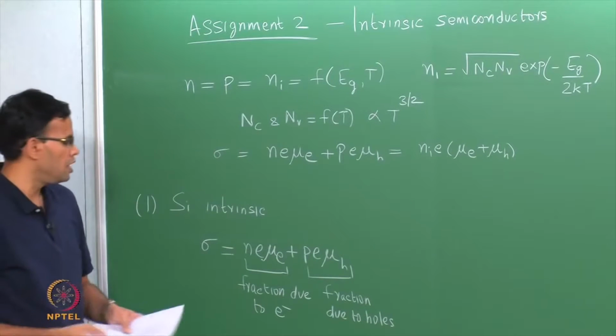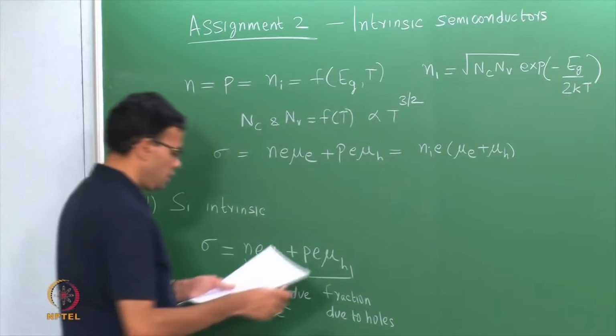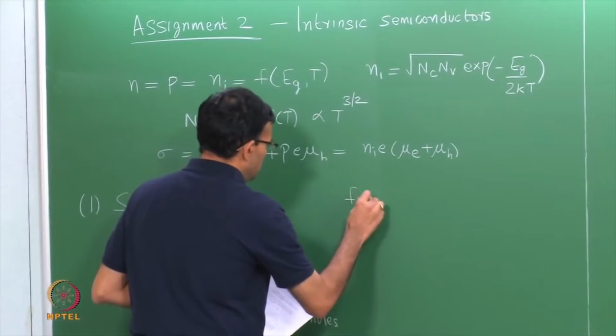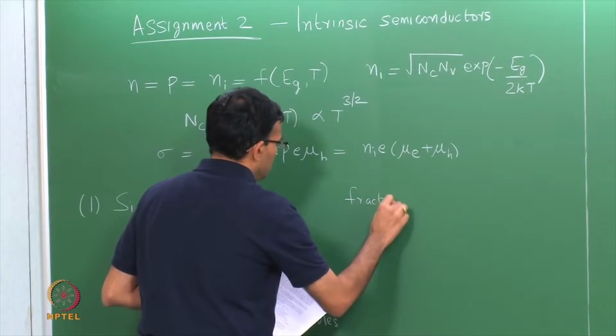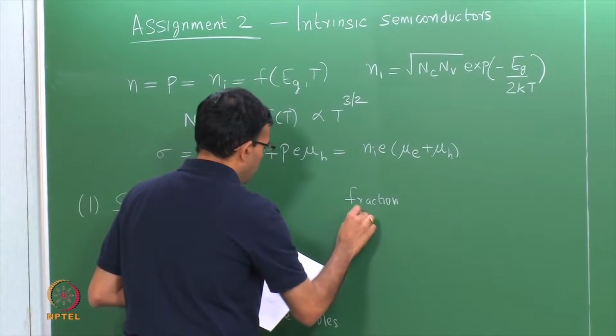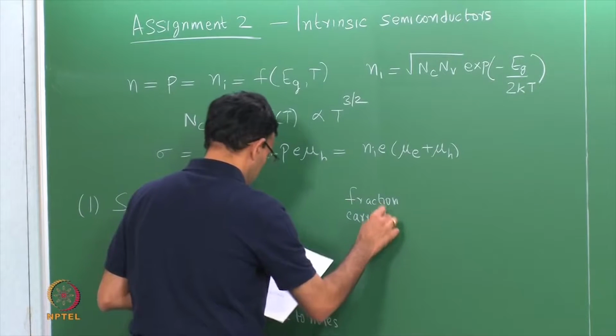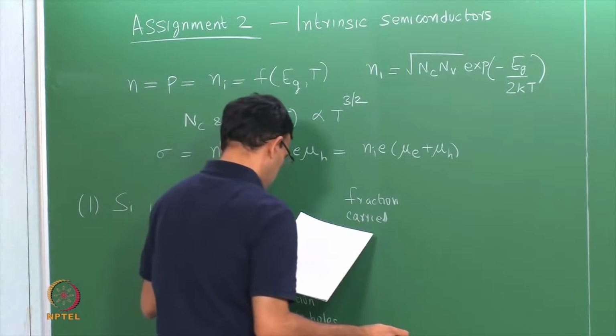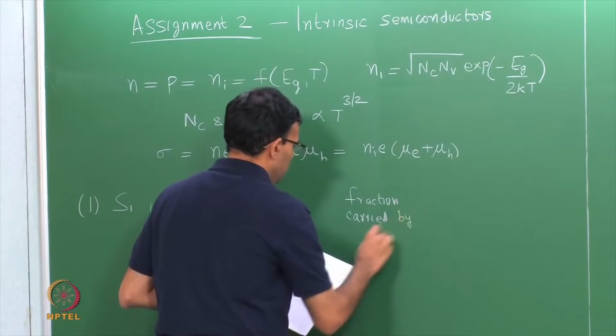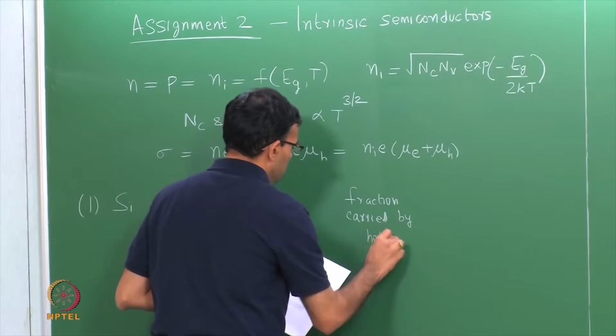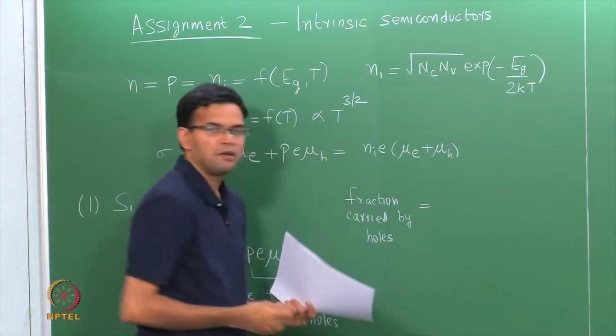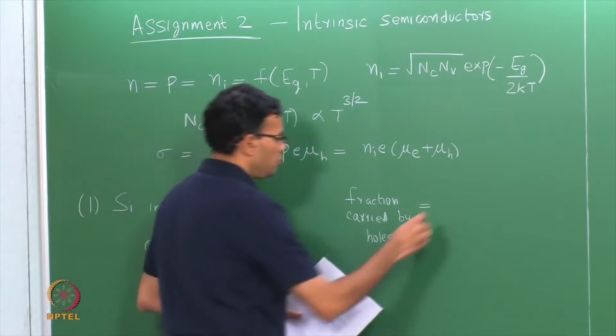So, we can include the numbers for mu e and mu h. So, the fraction carried by the holes we can write in the form of a ratio.